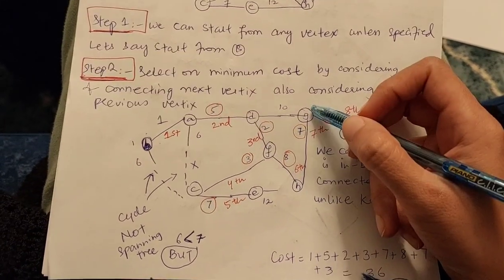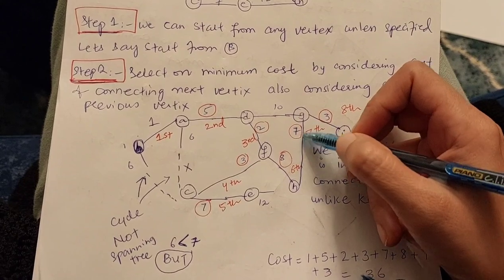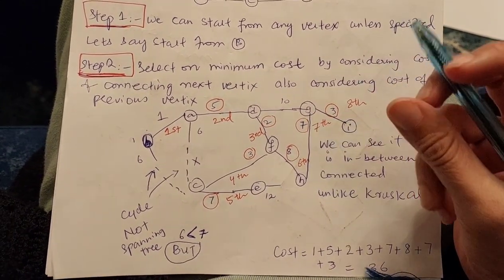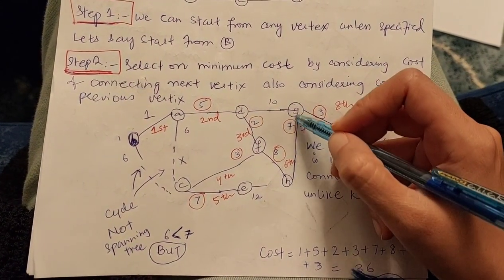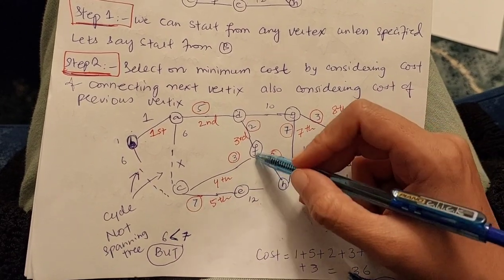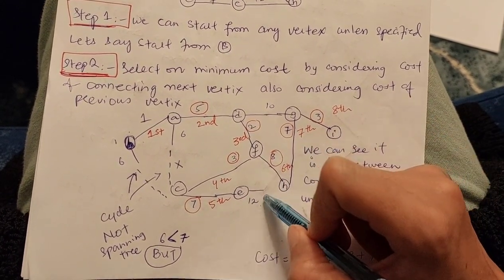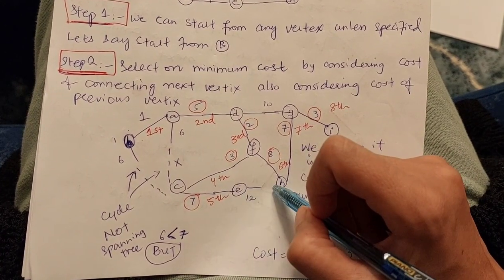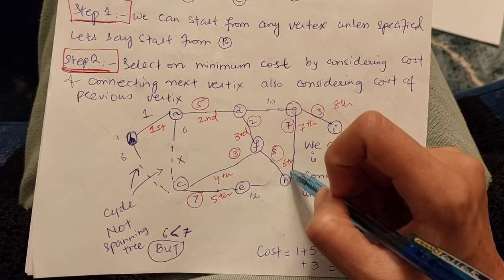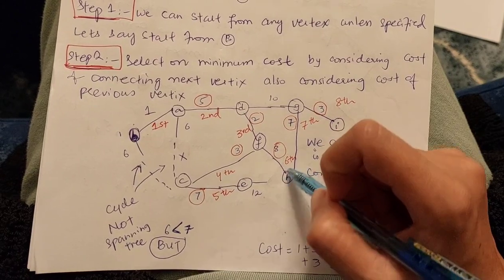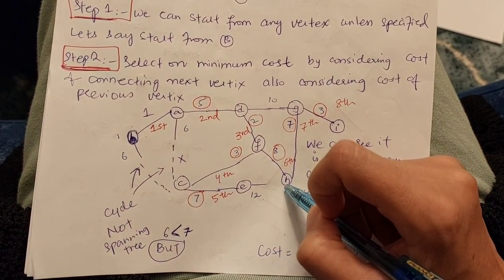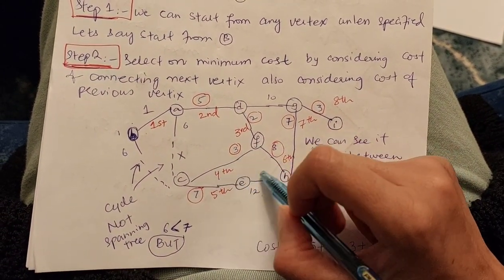Now H is connected with G with this line which has a cost of 7, and there is this line which is 12. Of course 7 is smaller than 12, so I have not connected that line, I have connected this line. Do remember that if I had connected that line, again it would have been a circle.